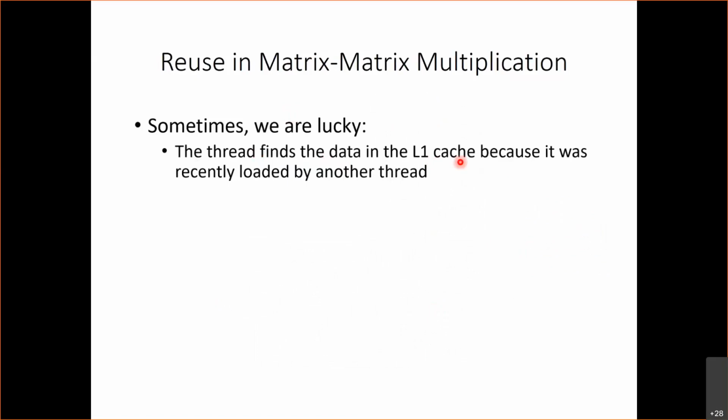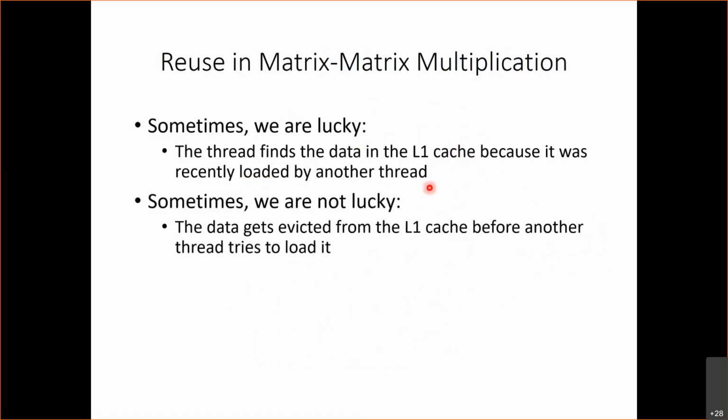So if we're lucky, we can find it in the L1 cache because recently some other thread loaded it. But sometimes we're not lucky, and the data might get evicted from the L1 cache before the next thread that needs it tries to access it. And on GPU, it's actually quite frequent for data to get evicted from the L1 cache.